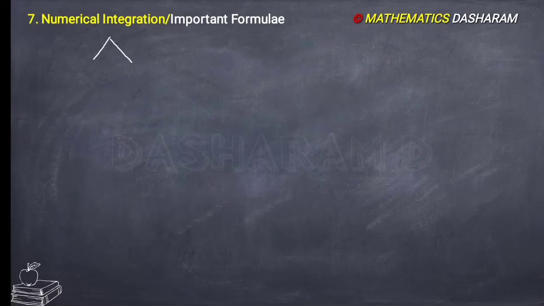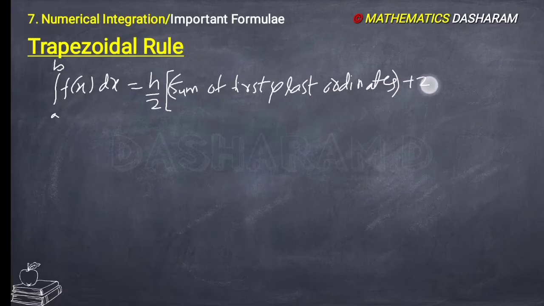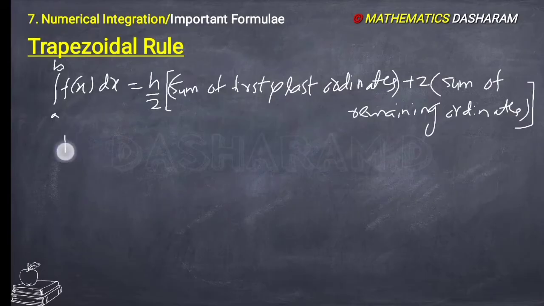First, the trapezoidal rule. Integration of a to b f of x dx is equal to h by 2 bracket of sum of the first and last ordinates plus 2 into sum of the remaining ordinates, and here h means (b minus a) by n.